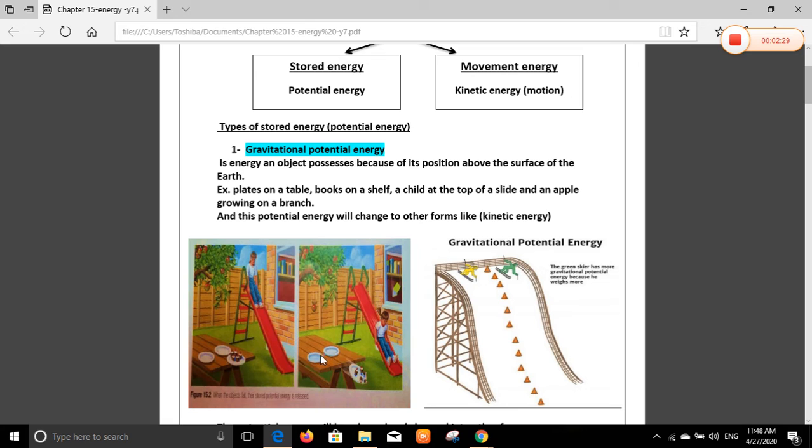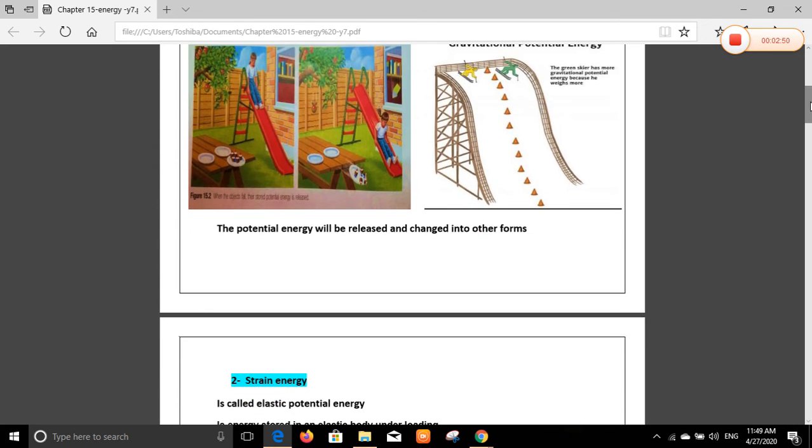Also the plates: the potential energy in the plates is released as kinetic energy if you push the table or the plate itself. So the potential energy will be released and changed into other forms.